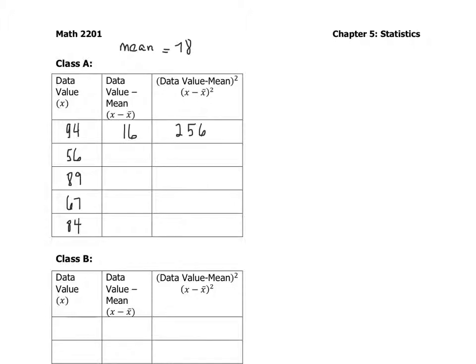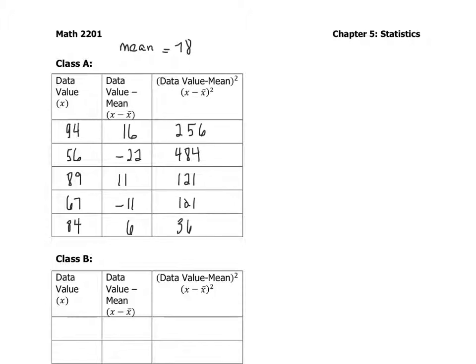And then 56 take away 78 is negative 22, and you square that and you get 484. And then 89 take away 78 is 11, and squared is 121. 67 take away 78 is negative 11, squared is 121. And 84 take away 78 is 6, squared is 36.